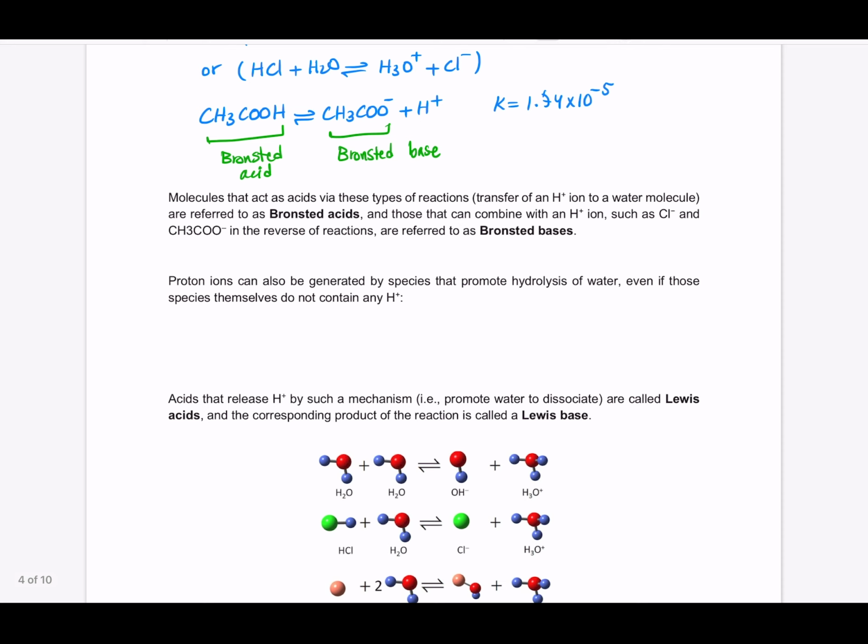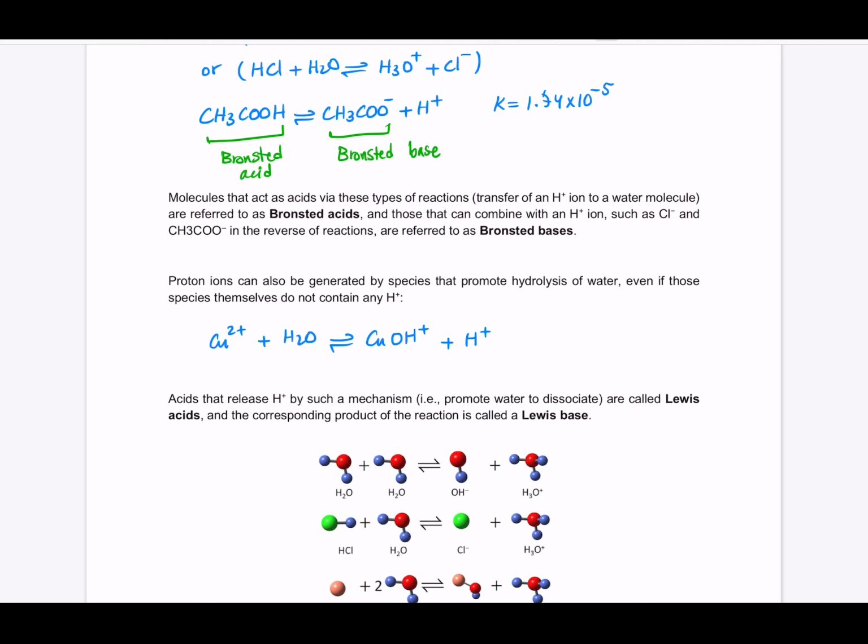But sometimes we add something that doesn't have a proton, but rather it's promoting water hydrolysis. So imagine you're adding copper 2 plus. Copper 2 plus doesn't have any proton. So when you add it to water, what happens is you're forming copper hydroxide, as you see in chapter 3, plus H plus.